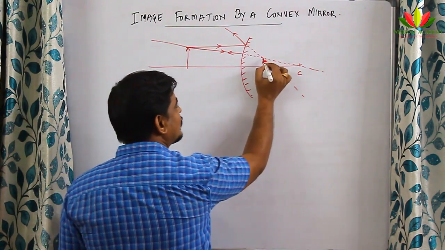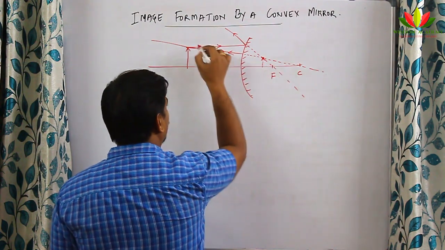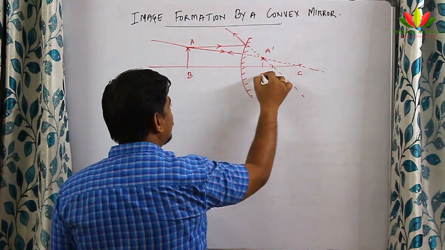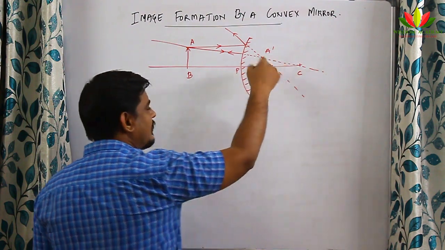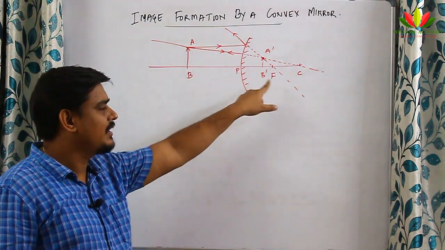What is the point of intersection? Somewhere here, and see, there is a virtual image formation. This was A, B, this will be A dash, B dash. So wherever you keep the object, the image is formed between F and P.